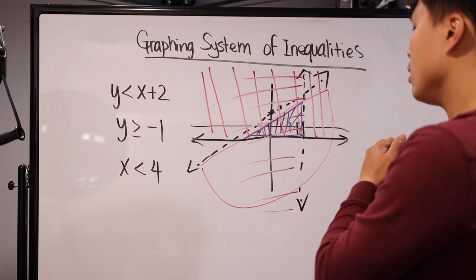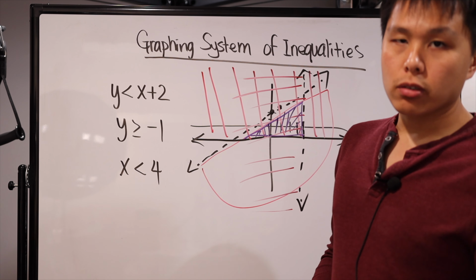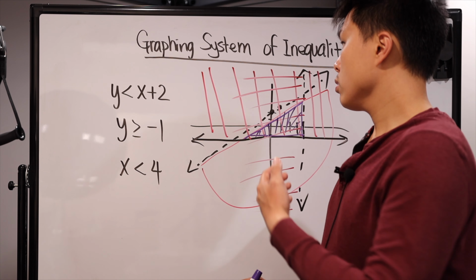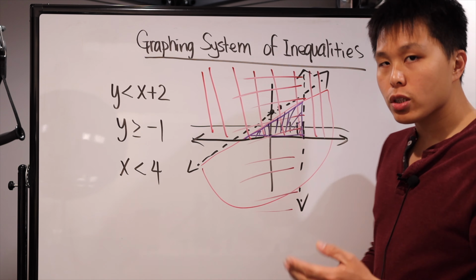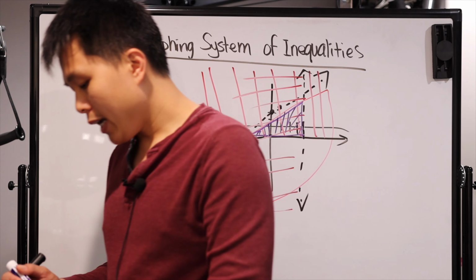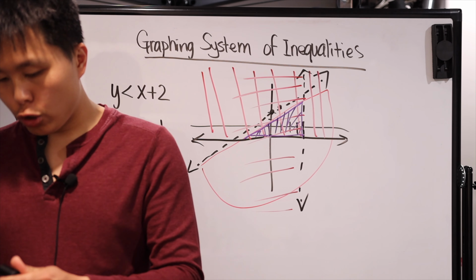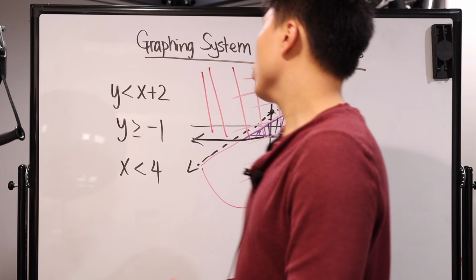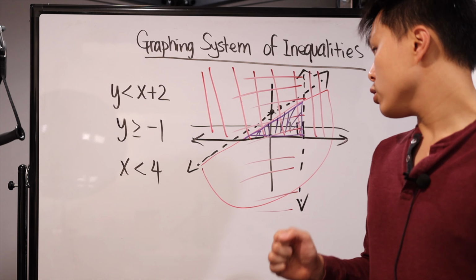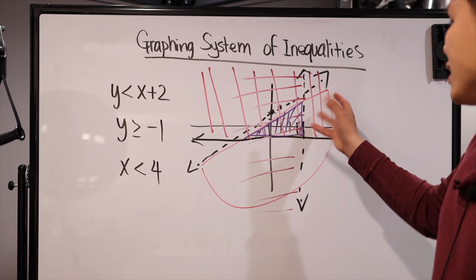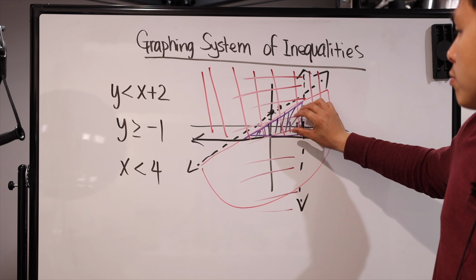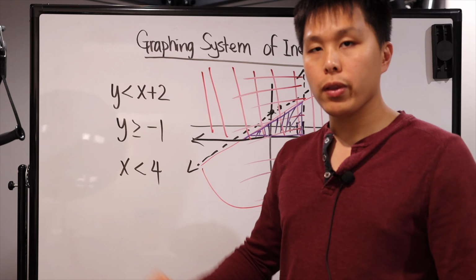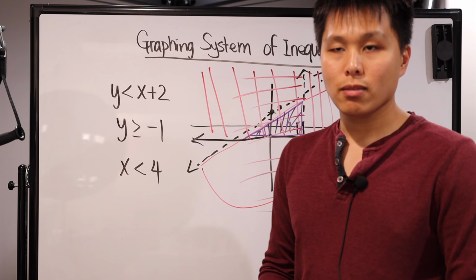Okay? That's how you would figure out the answers for a system of inequalities by graphing. There it is, right? And interestingly enough, even though I hated graphing when it was used to solve systems of equations, for systems of inequalities graphing is actually really good, just because you can see the entire region, all the different points in there that you can pick that will make all these statements true.